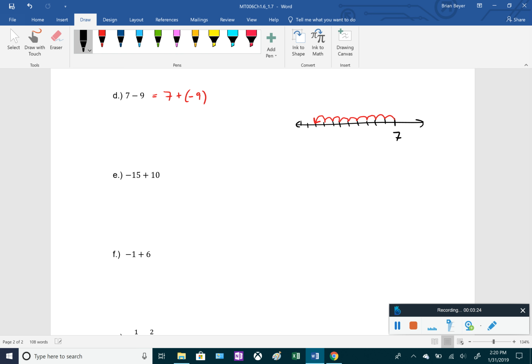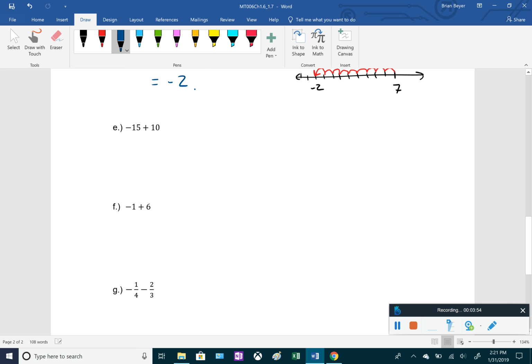That puts us right here, at -2. Another way to think about it: 7 minus 9 is going to be the same distance away from 0 as 9 minus 7. We know that 9 minus 7 is equal to 2, so 7 minus 9 has to be -2. You can think about it that way if you'd like.